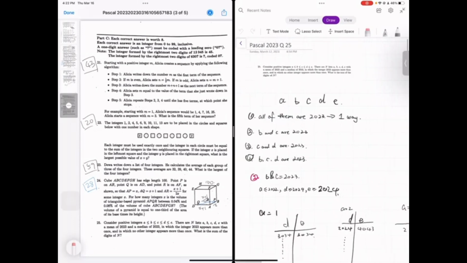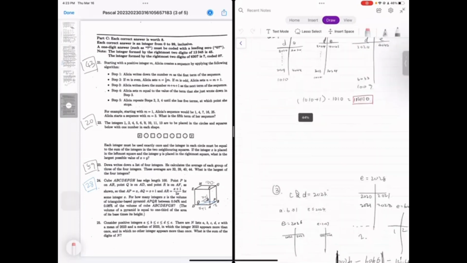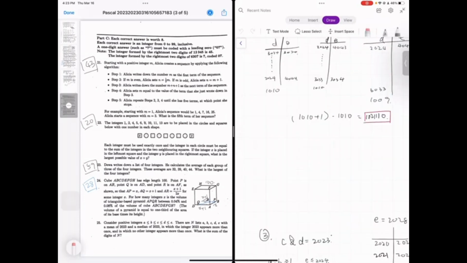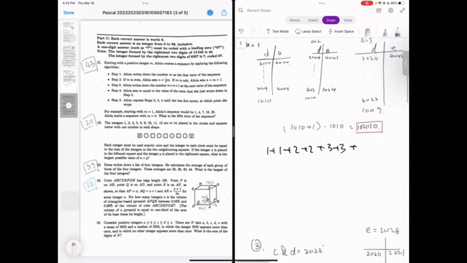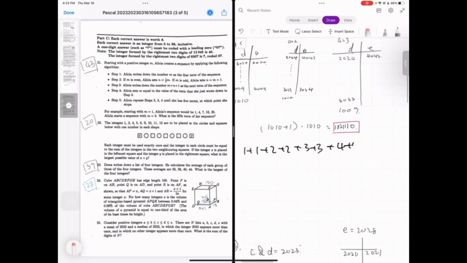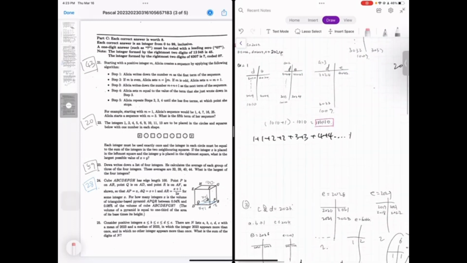After this we can conclude that the number of ways in total is 1 plus 1 plus 2 plus 2 plus 3 plus 3 plus 4 plus 4 until 1010 plus 1010.